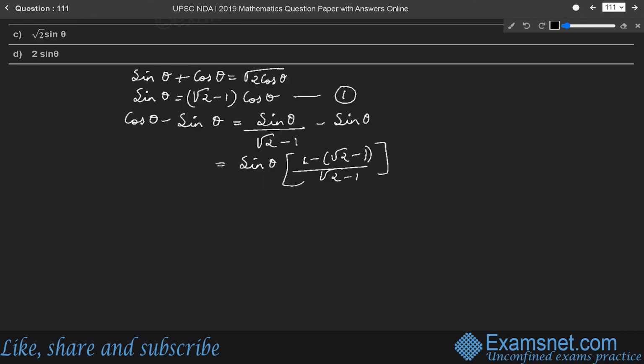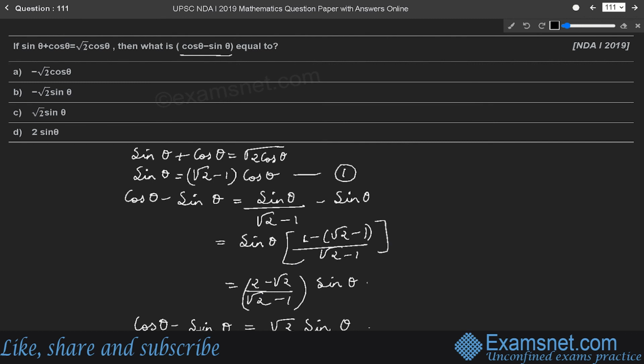On further solving, it will be equals to 2 minus root 2 upon root 2 minus 1 into sin theta. Therefore, we can say that cos theta minus sin theta is equals to under root 2 sin theta. So this is the required value for the given expression. So the correct option here will be option number C, which is under root 2 sin theta.